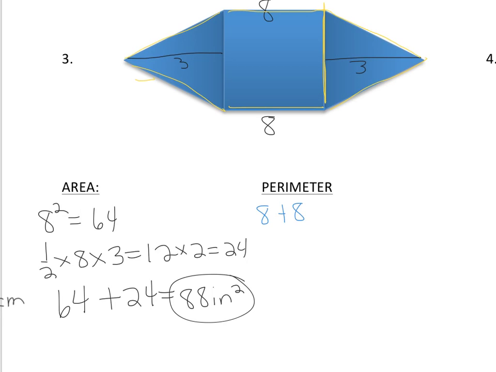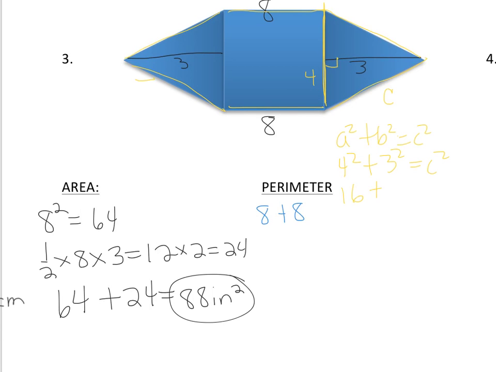Well, if you notice, once again, this is a right triangle, so I'm looking for C. Now, if all the way across is 8, then that means that side is 4. So I'm going to use the Pythagorean theorem. A is 4 to the second, B is 3 to the second, and C is squared.